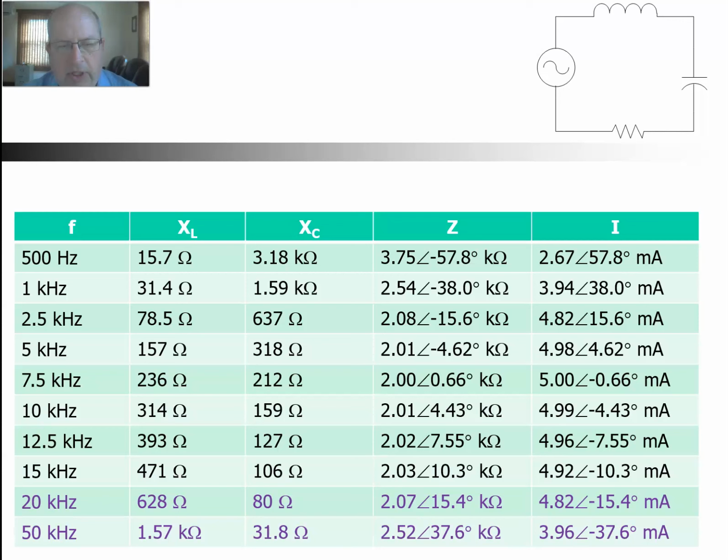X of C is going to equal X of L at some point. It's not clear exactly where that point is, but it's probably somewhere in the neighborhood of about 7 kilohertz, maybe 7.5 kilohertz.